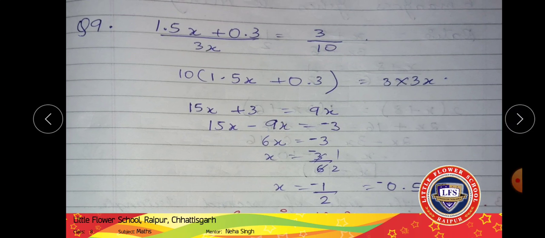So what can we do here? Cross multiplying, 1.5 into 10 is 15. The decimal point will be removed, right? You can multiply and check also. Into 0.3, when it is multiplied with 10, again the decimal point will be removed, right?